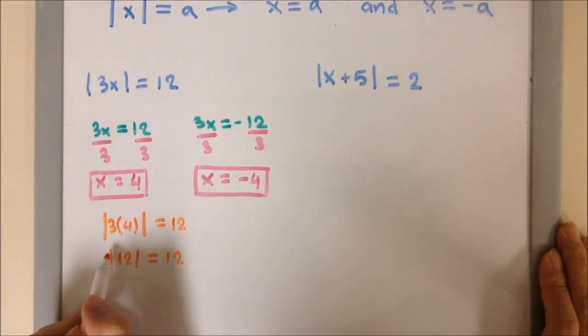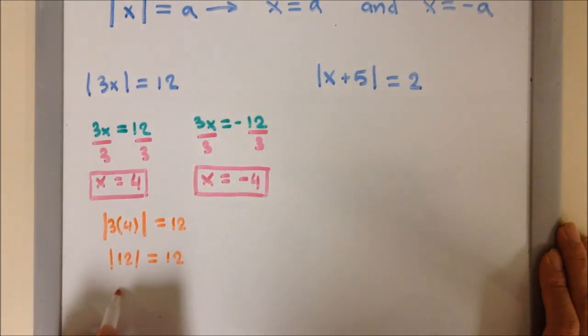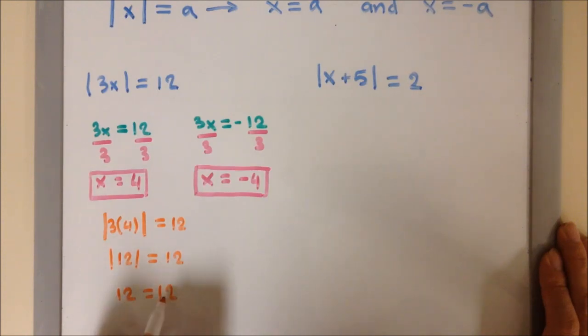Now, the absolute value makes the inside become positive. So the absolute value of positive 12 will become positive 12. So 12 equals 12, that's correct.